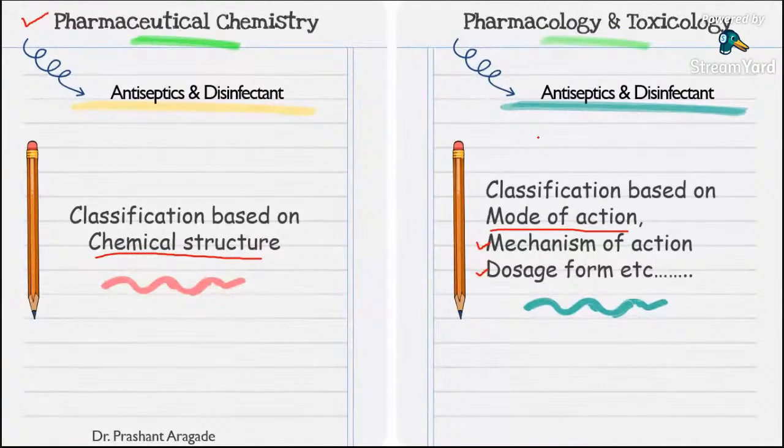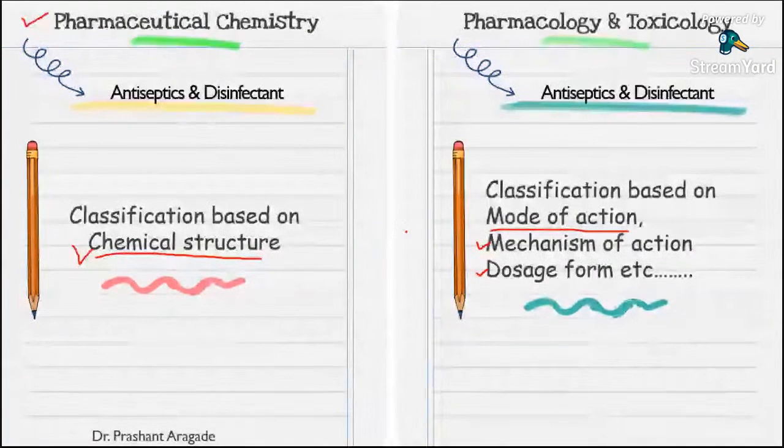In chemistry, you have to write the classification based on chemical structure, and in pharmacology, you have to write the classification on the basis of pharmacological actions, that is mode of actions or mechanism of actions, or sometimes dosage forms, in case of general anesthetics, isn't it? So if you follow this, with two classifications in front of each other, it will be very easy to remember the names of drugs as well as their class.